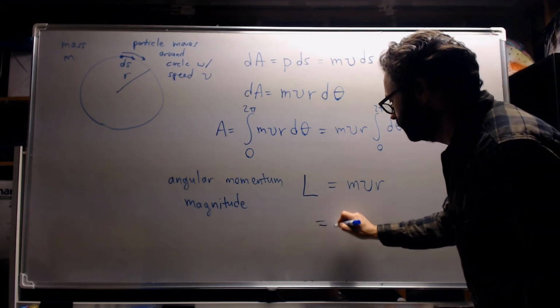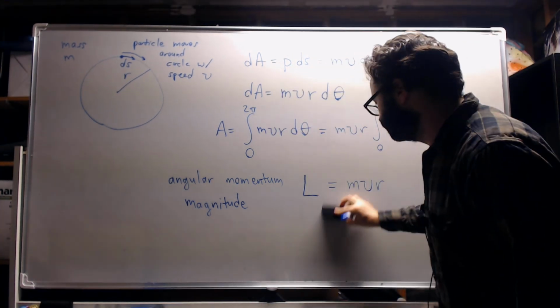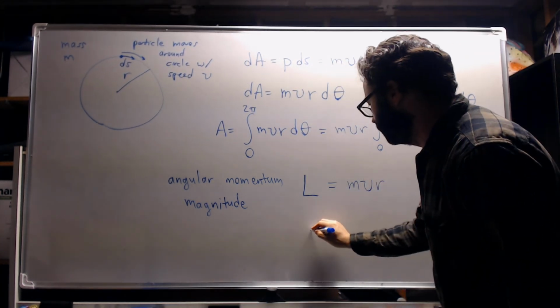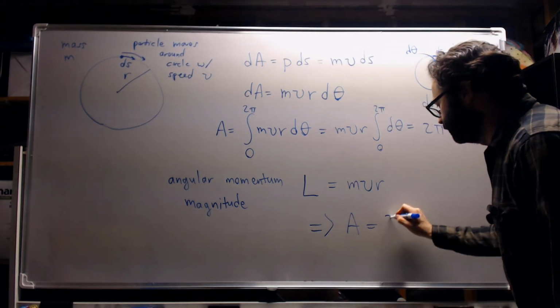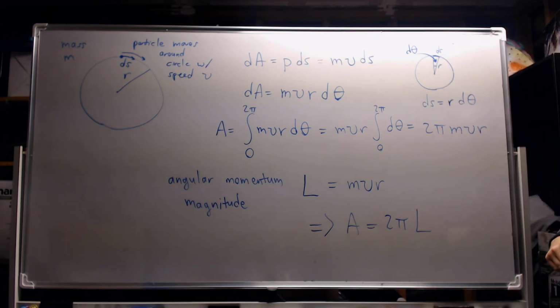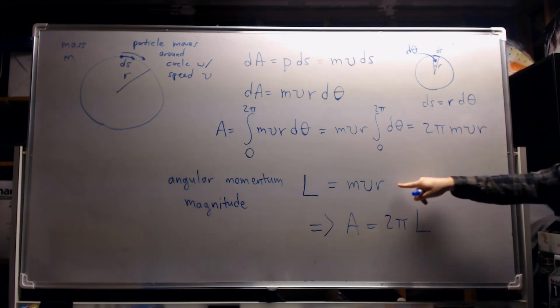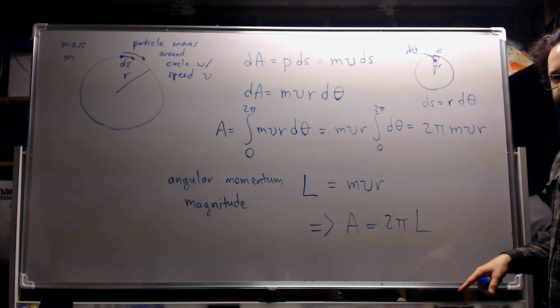Therefore, the action is equal to 2 pi times the angular momentum, as you can see by comparing these two equations. In a sense, it looks like we haven't really done anything important.